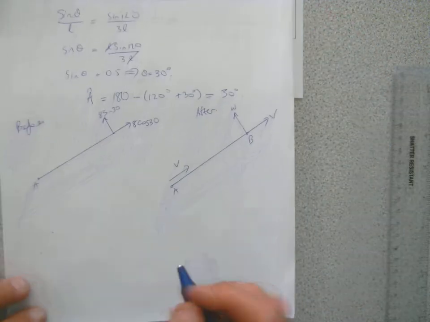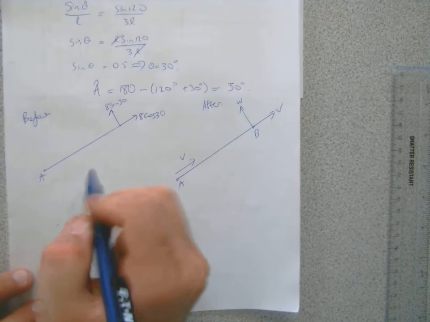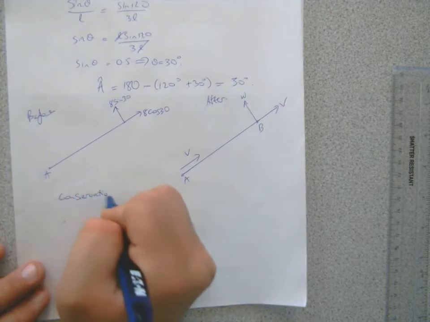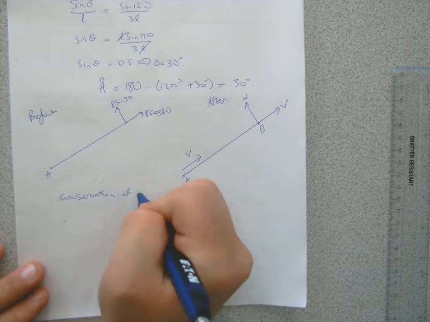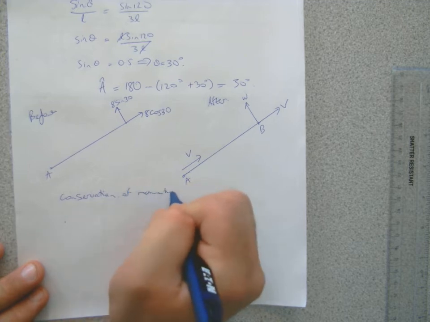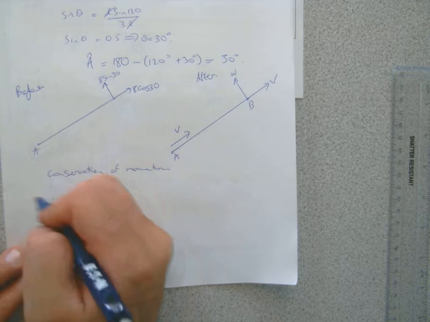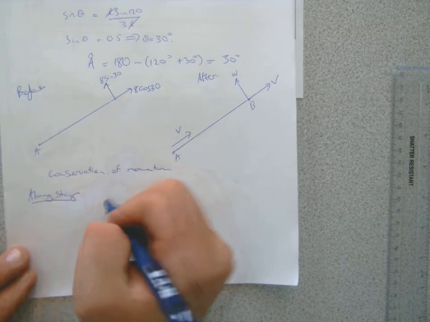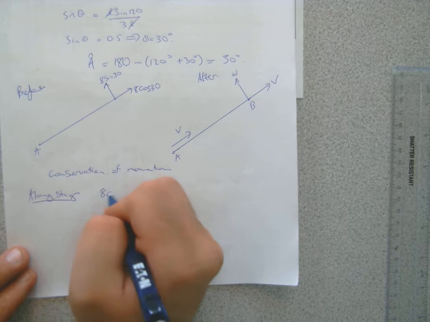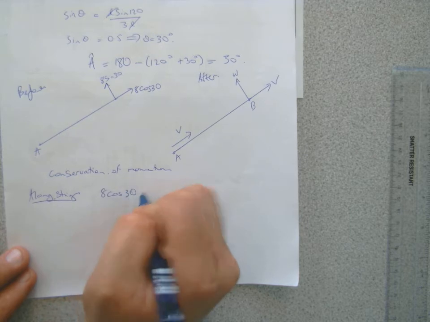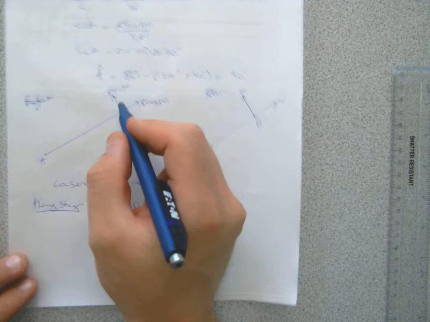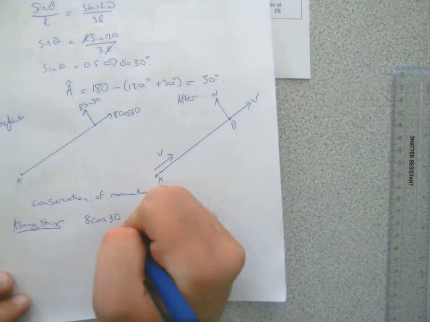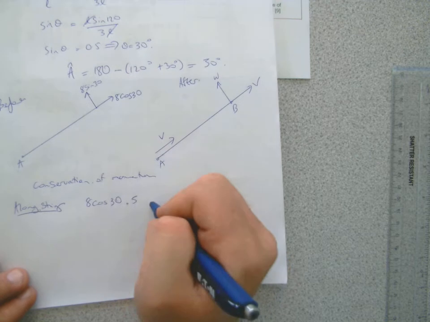So we look at conservation of momentum. Momentum before along the string, we'll have 8 cos 30 times the mass of B. What was the mass of B? 2 kilograms. No, it wasn't, it was 5 kilograms.